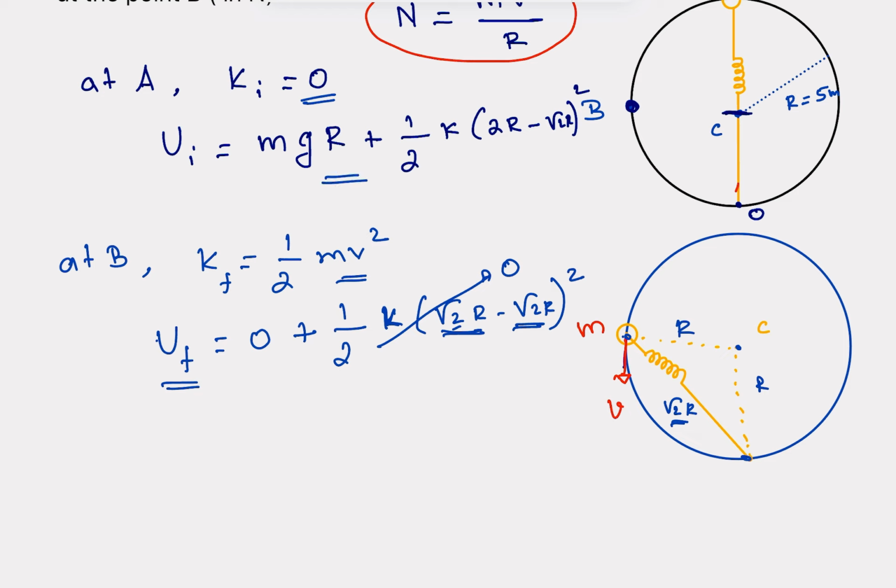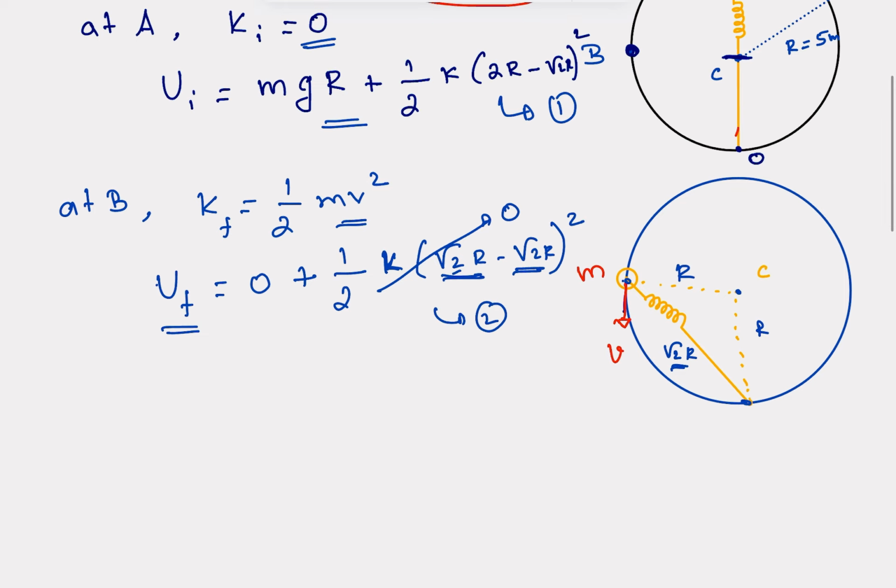Let's say this is equation number 1 and this is equation number 2. So I can equate both. Total mechanical energy means initial kinetic energy plus initial potential energy is equal to final kinetic energy plus final potential energy.